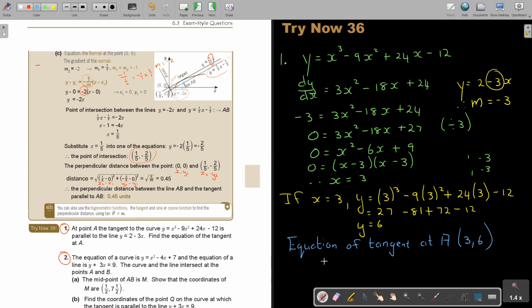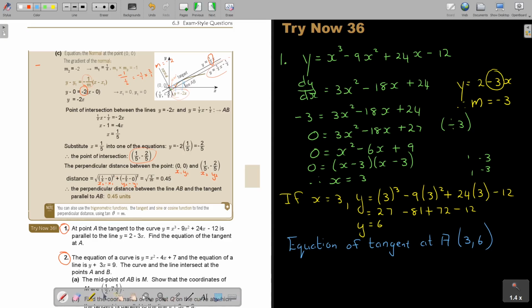Now I'm just going to use the straight line equation: y minus y1 equals m times x minus x1. Don't forget that this is x1, y1.